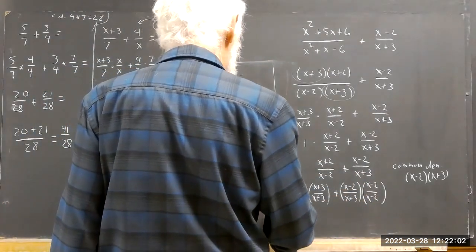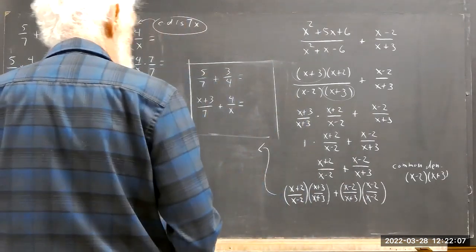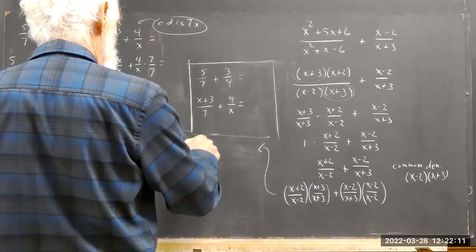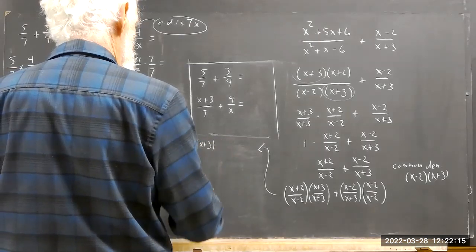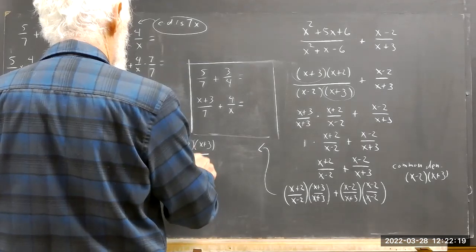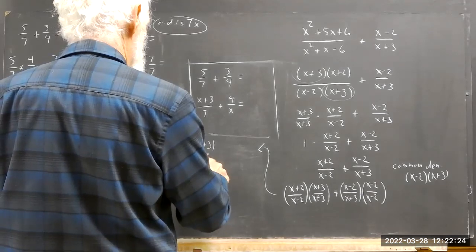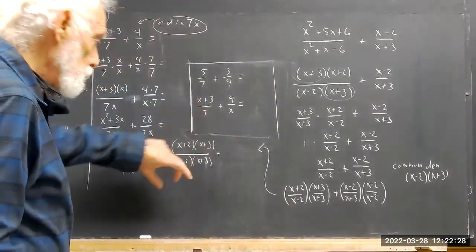So that gives me, write it over here where I've got a little room. This, just multiply the numerators.